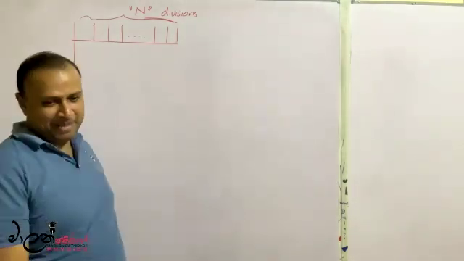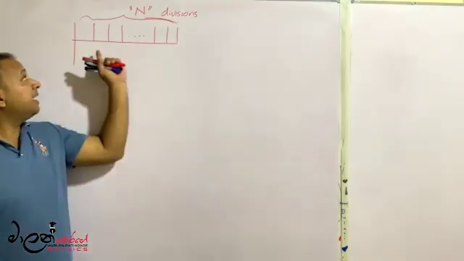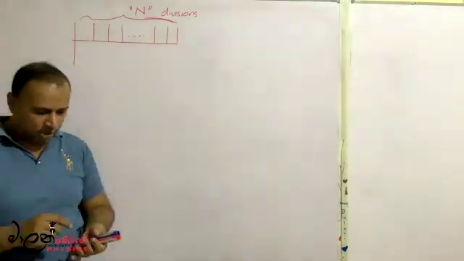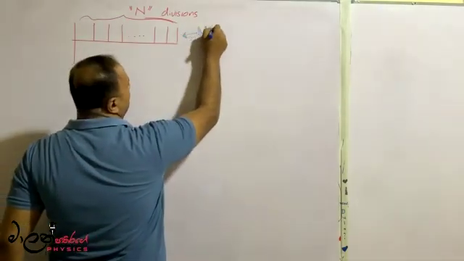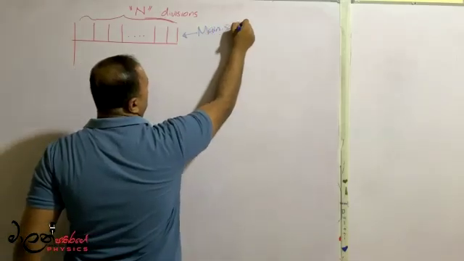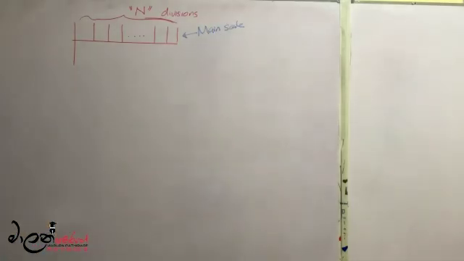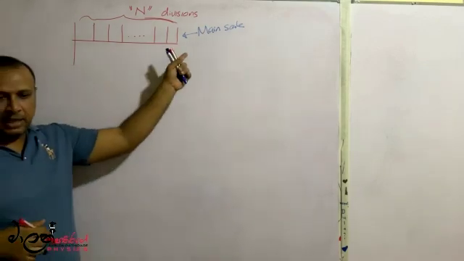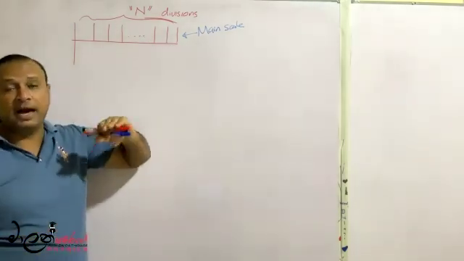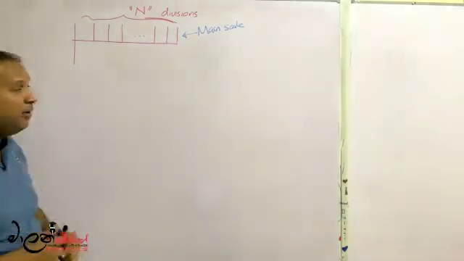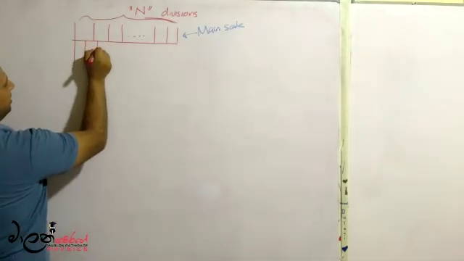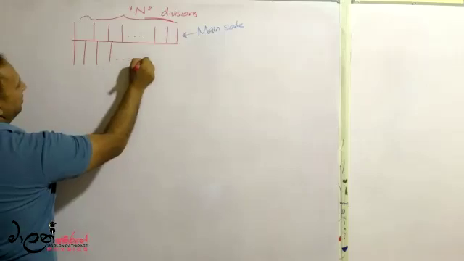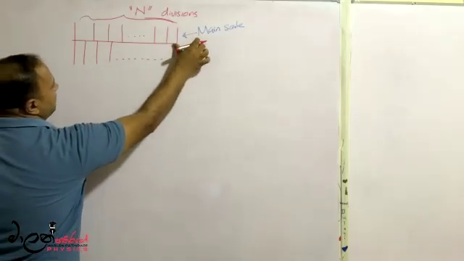Look at the board again. Suppose now there are capital N divisions in the main scale. Now these capital N divisions are divided into simple n number of divisions in the vernier scale.